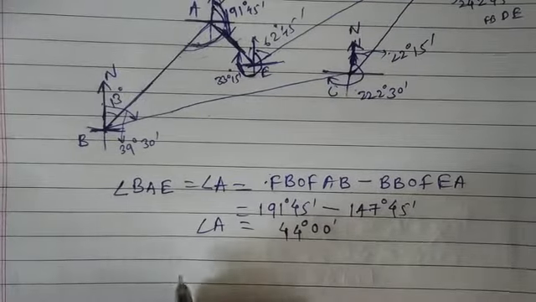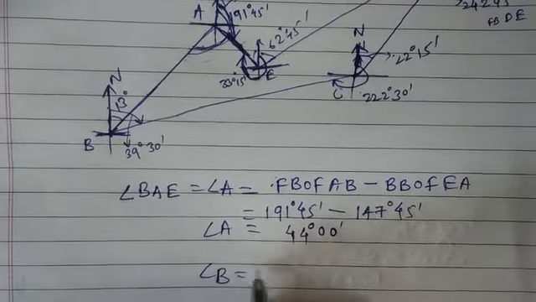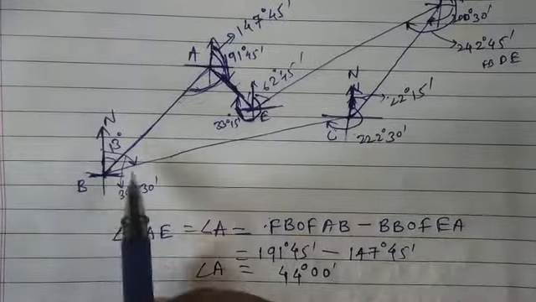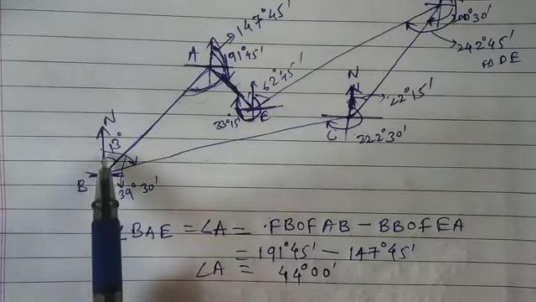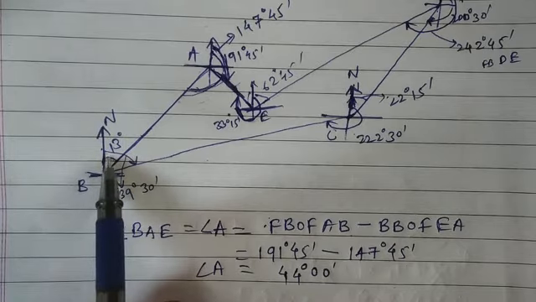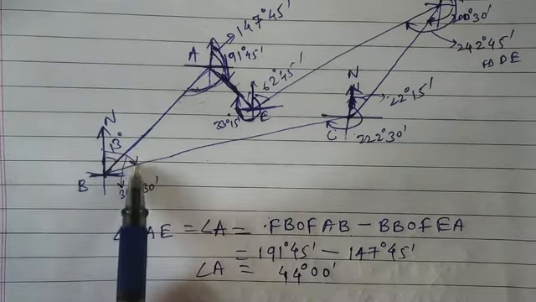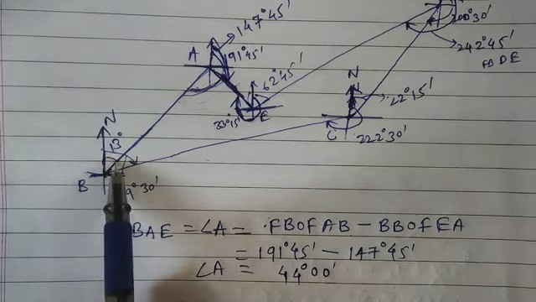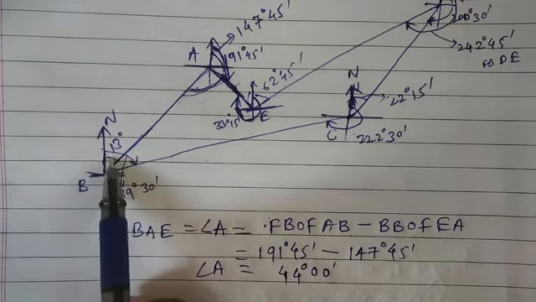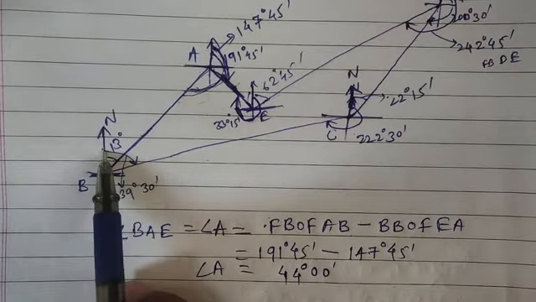Now similarly we'll calculate angle B. Angle B will be the subtraction of this angle from this. The smaller bearing is the back bearing of AB, and this is the fore bearing of BC.